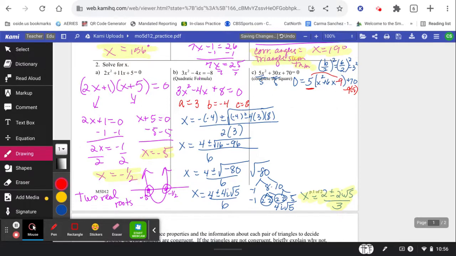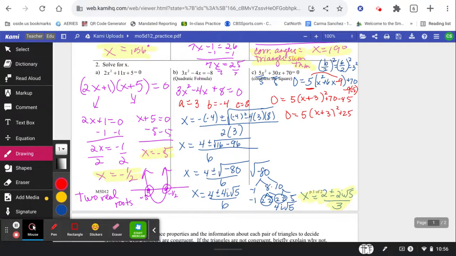Okay, now what factors can we get from that? So the x plus 3 squared factors. And then at the back, I've got 70 minus 45 that I need to simplify here. 9 times 5 is 45. And then 70 minus 45 is 25.